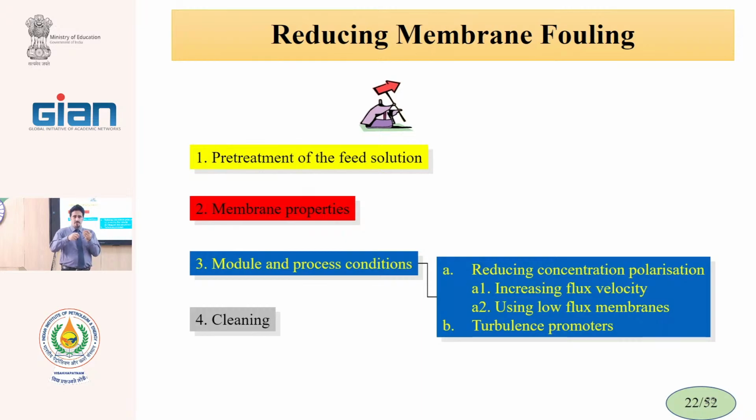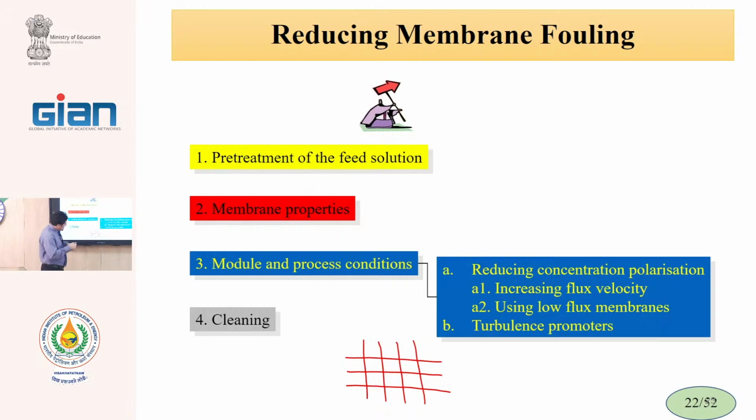Promoters, when we use feed spacer, in the module I spoke about, between membranes we use feed spacer for passing of the feed. The configuration of this feed spacer is very important and close to the turbulence. We can have a mesh-like feed spacer, okay? This is the structure of the feed spacer, as you see in the module presentation.